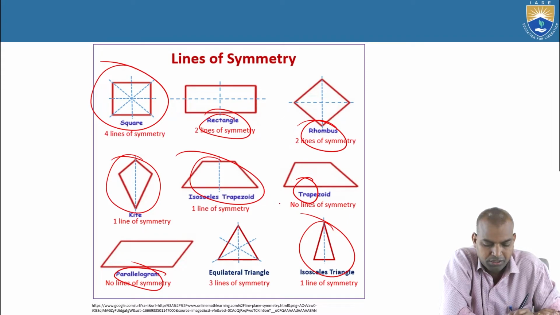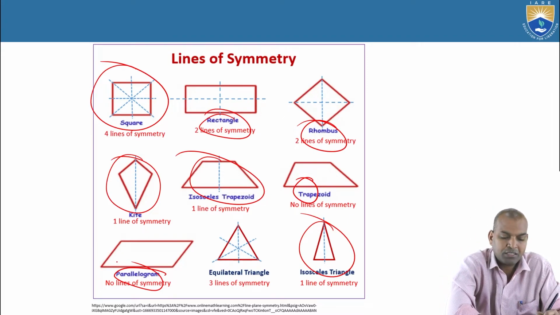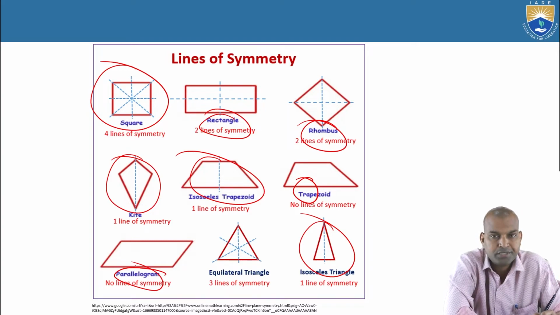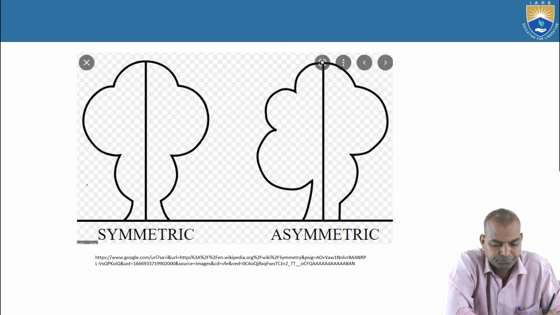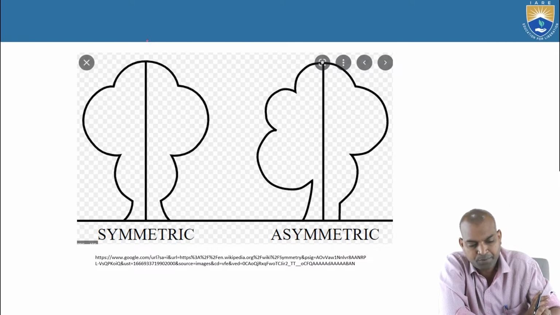Now, the trapezoid and parallelogram are considered asymmetrical geometries, asymmetrical sections. Asymmetrical means unsymmetrical, whereas the remaining are symmetrical sections because they are symmetrical about either axis y or axis x. All right. Now, a very simple, beautiful example of what is symmetric and what is asymmetric. It is symmetric about axis y.